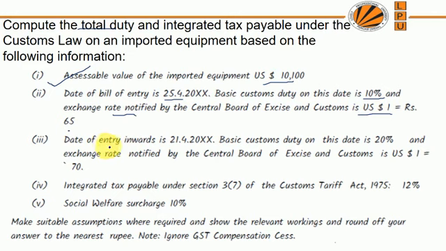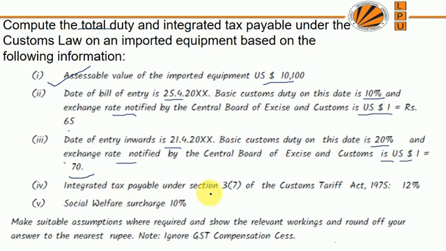Then date of entry inward is on 21st April, right? This is given. Custom duty on the date is 20% and exchange rate notified by Central Board of Excise and Customs is given as US $1 is 70 rupees.